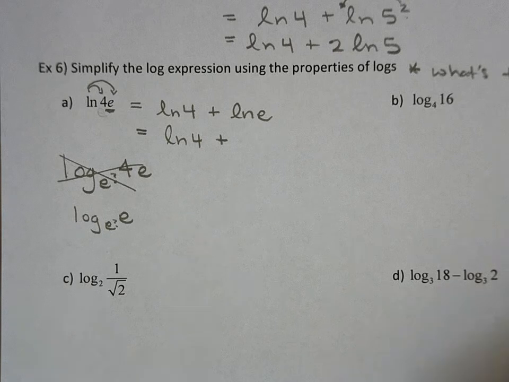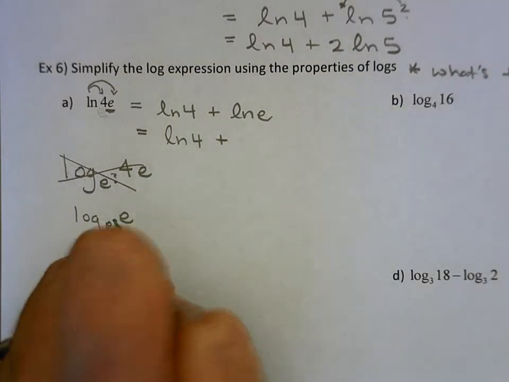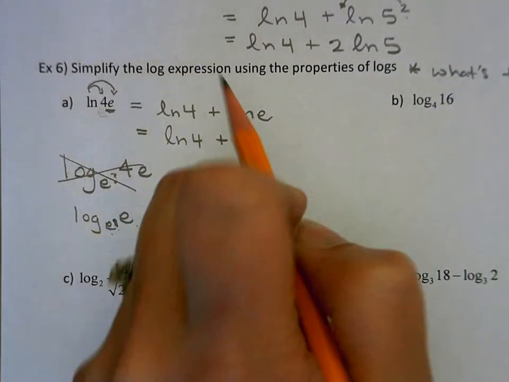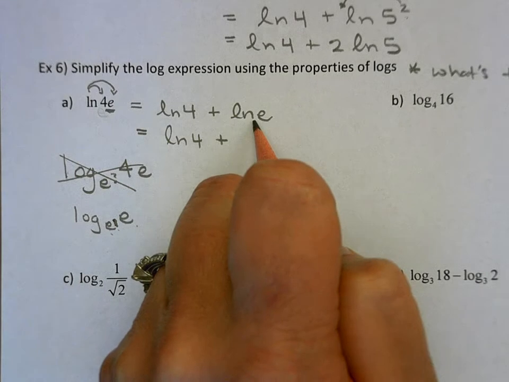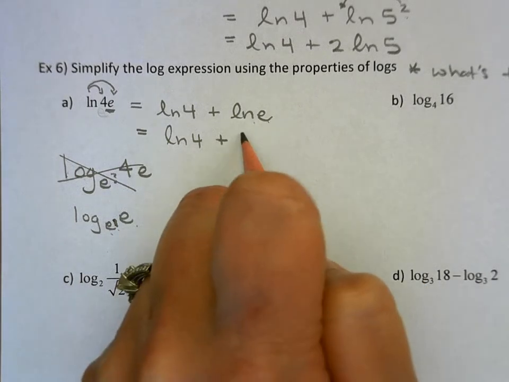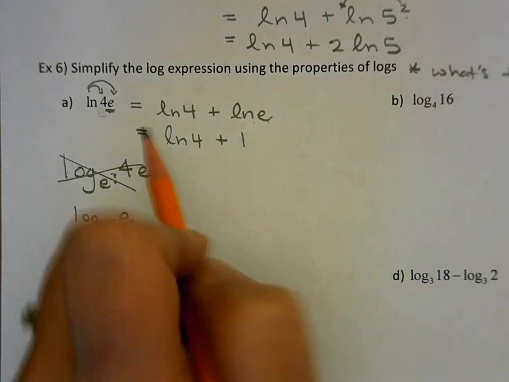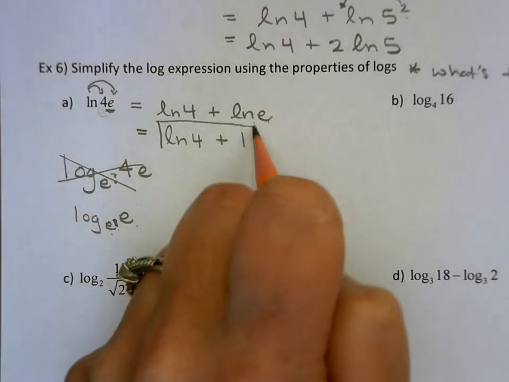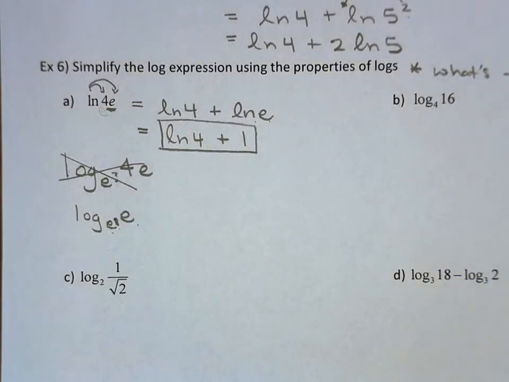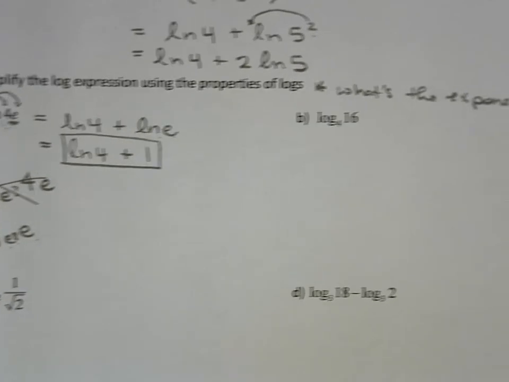So I could put a 1 here. What power on e turns it into e? 1. E to the first is e. And that's all I can do. Again, I'm not looking to make a decimal. Okay, all right. Let's take a look at the next one.